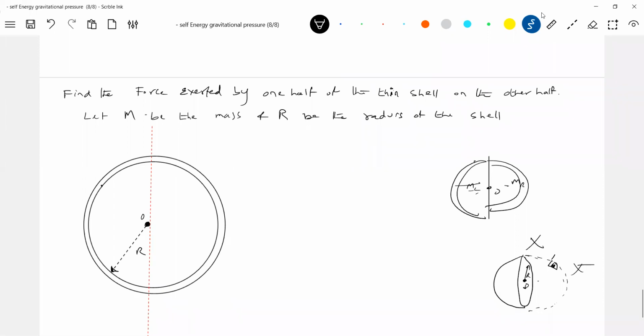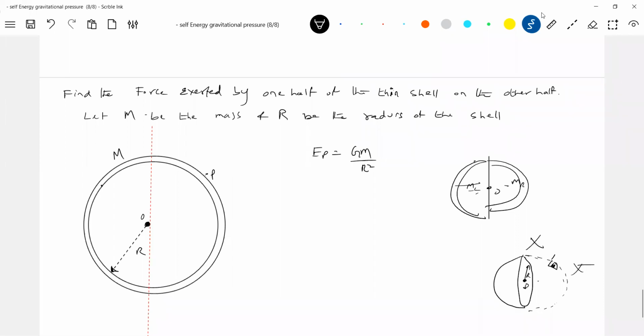So the field will be produced by the thin shell. Let's analyze here. What is the field just on the surface at point P? We are very good at that. Just on the surface, it is GM by R squared. Do you agree?